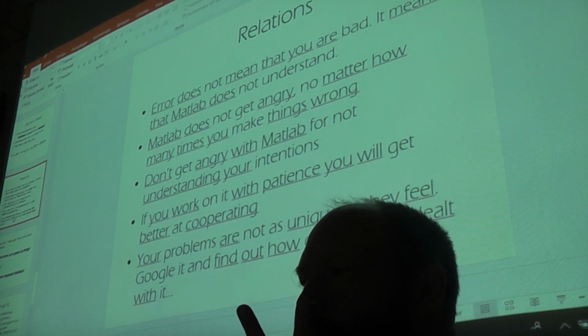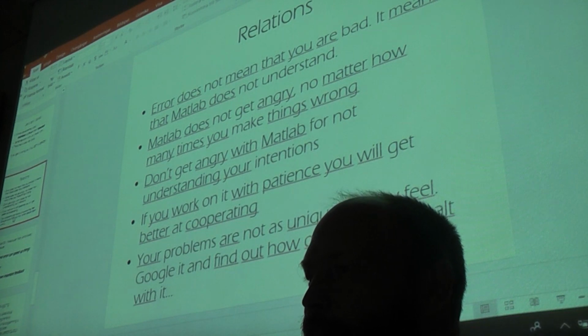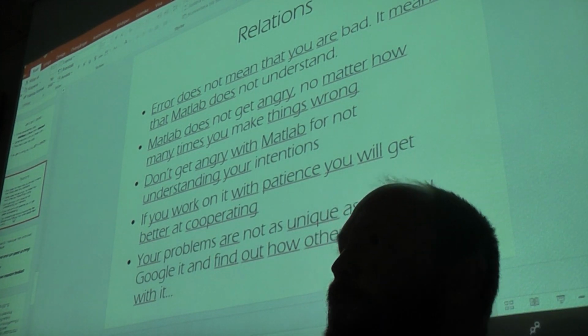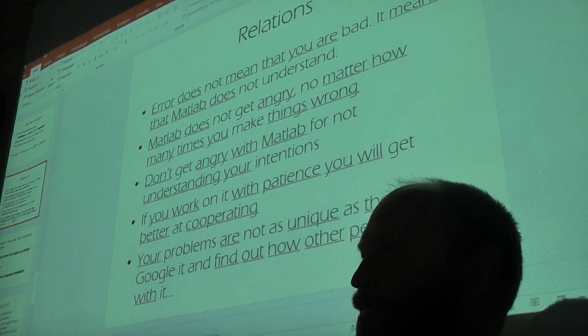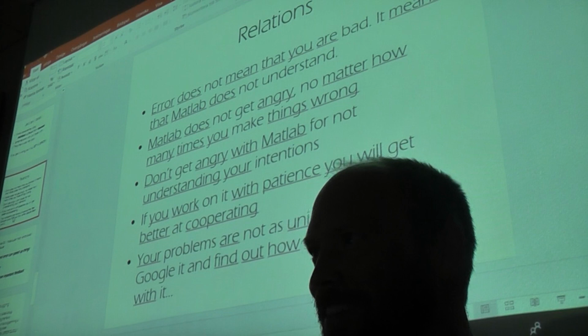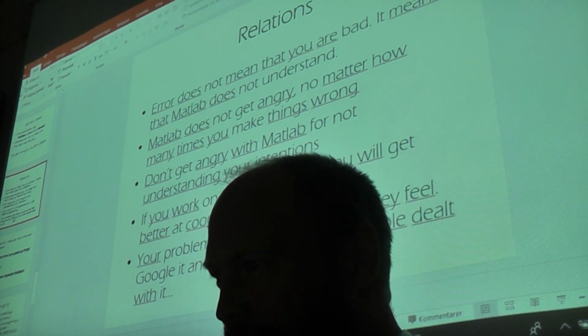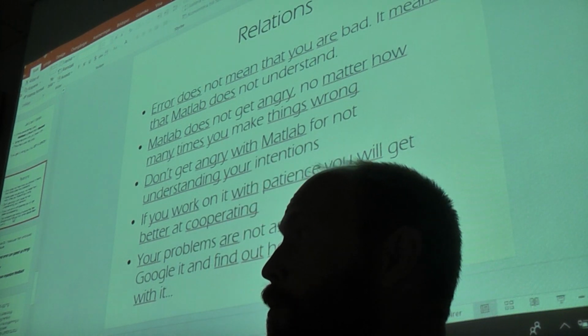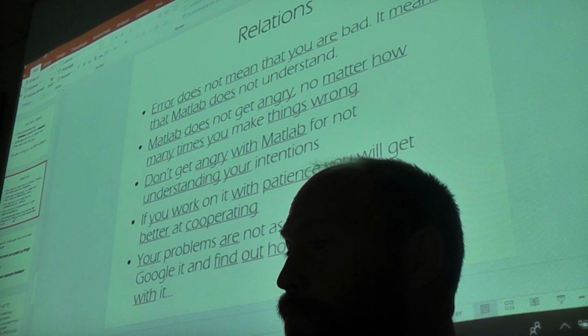But you should remember that MATLAB isn't angry at you, even though it sounds and acts a bit angry with the red text. You can do the same thing over and over again. It won't get more red, or write the same output in capital letters, like read the error message, damn it. So be polite with MATLAB, don't get angry with MATLAB when it doesn't understand your intentions. It's just a computer after all.